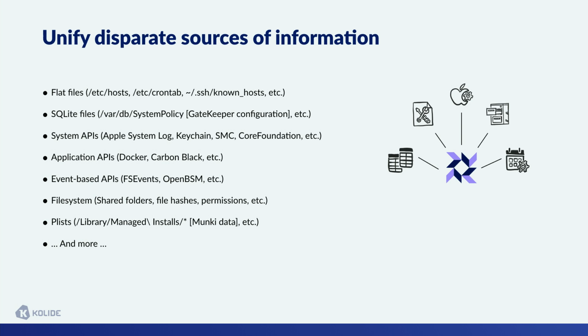Flat files, SQLite files, system APIs, application APIs, eventing things like process execution, file events, file system stuff like shared folders, file hashes, permissions, any plist on the system, you can just access and get a perfect representation in table form of what's in that plist. And just so many more things.